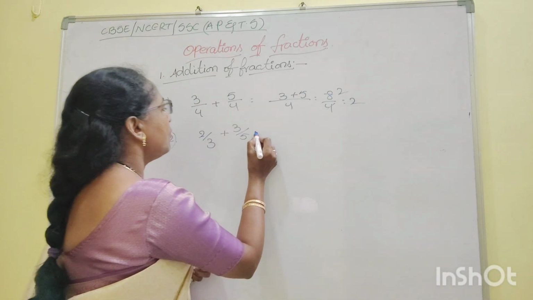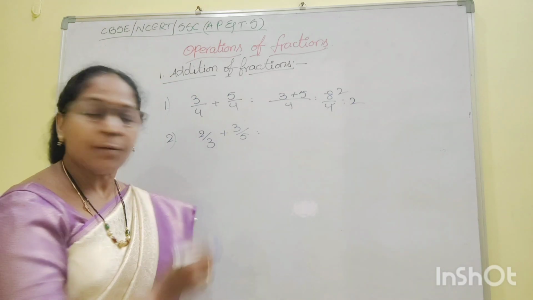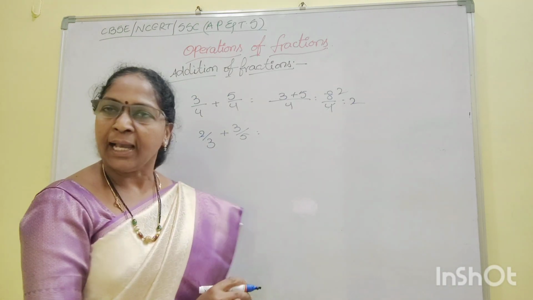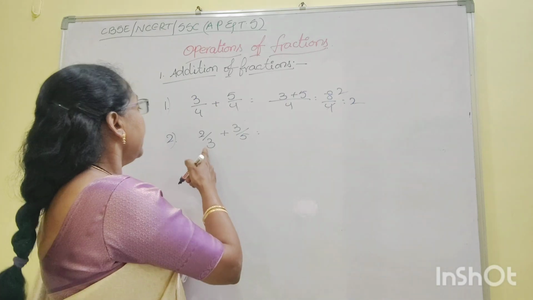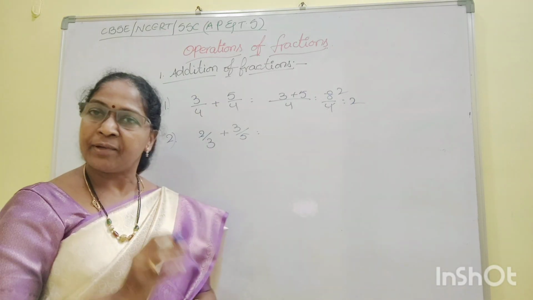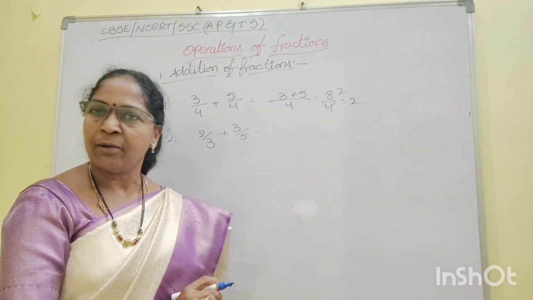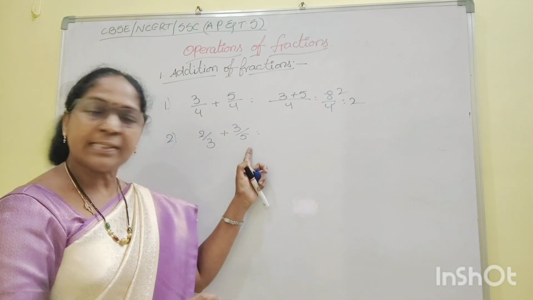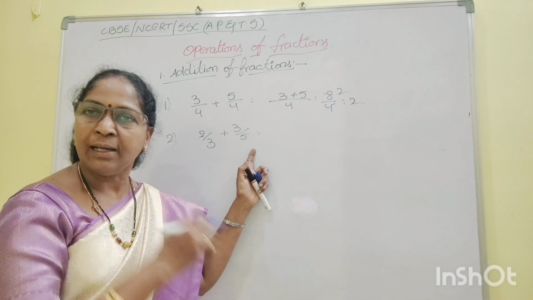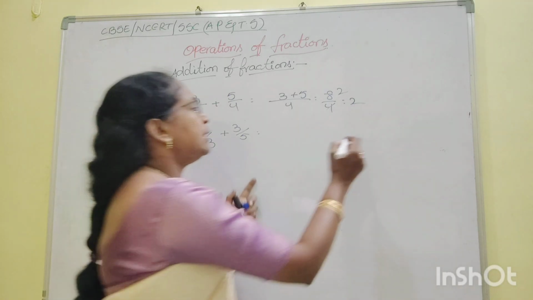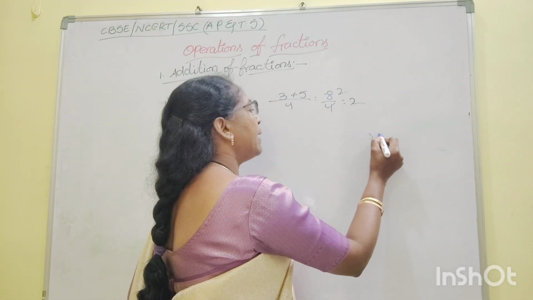So whenever unlike fractions are given, what do you have to do? Find the LCM. Here, for finding the LCM value, you have to consider the denominator values. What are the denominators here? 3 and 5. These two numbers are prime numbers.